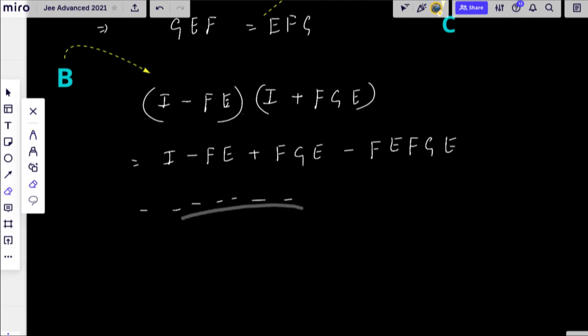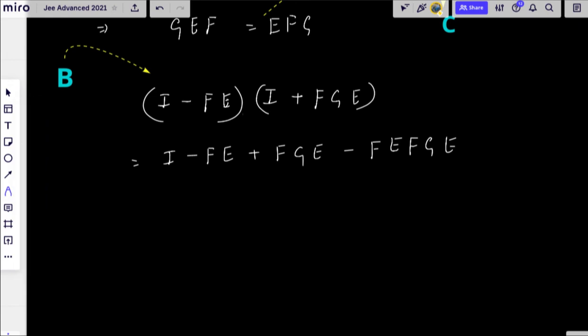Let me do this step. After this, I minus FE, correct? And plus, just copy FGE.